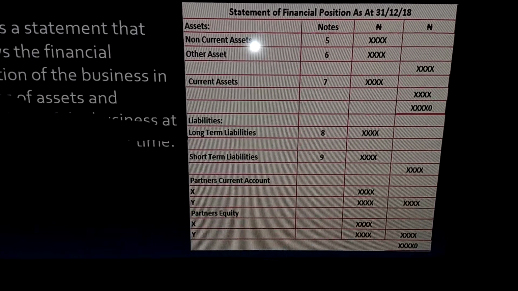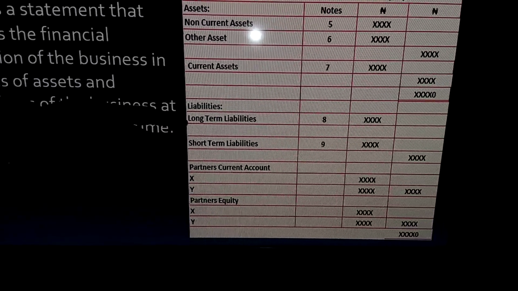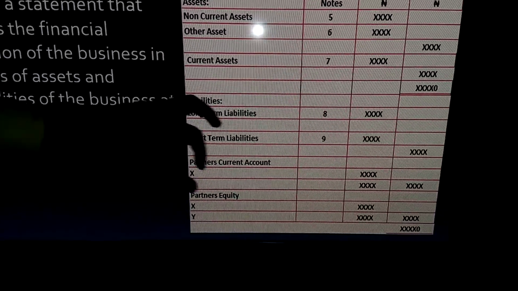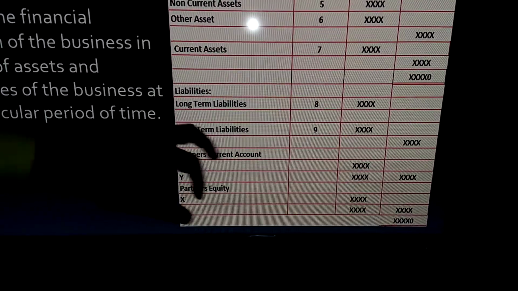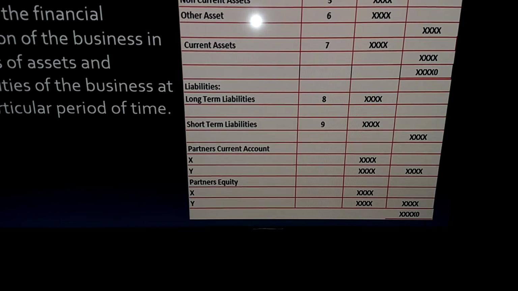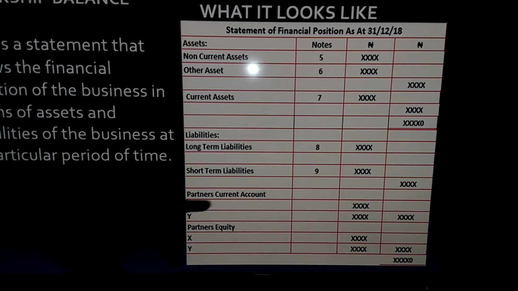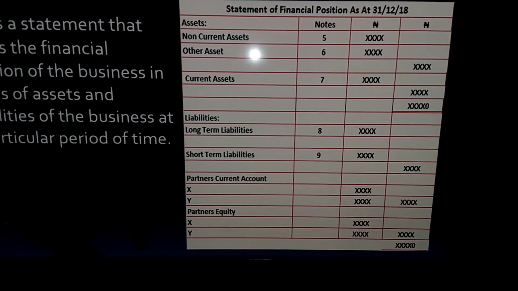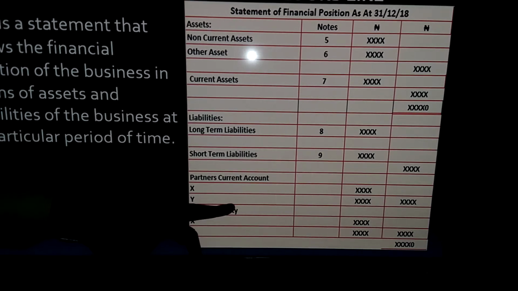Your long-term liabilities, what are they? Bank overdraft, bank loans, and other long-term obligations. It comes here. Short-term loans, bank overdraft, and other short-term obligations come here. The only thing that comes in because it's a partnership business is that you must recognize the partner's current account balance, and then you have the partner's equity.